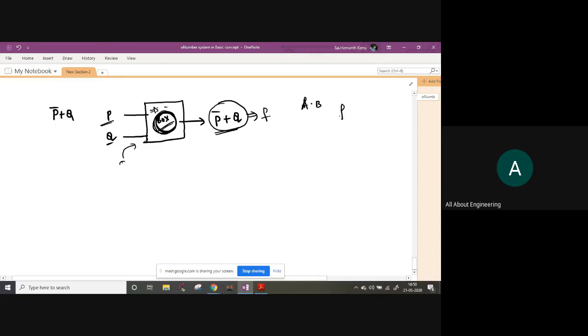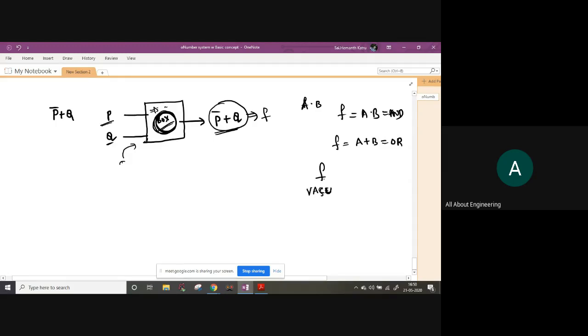I told you a function A and B is called an AND operation, and I told you A plus B is called an OR operation. Similarly, I am designing a new gate. As I learned about this gate in my ACE Engineering Academy, let me call this the ACE gate, or if you are not satisfied with this, let me call this the Vasu gate. Okay.